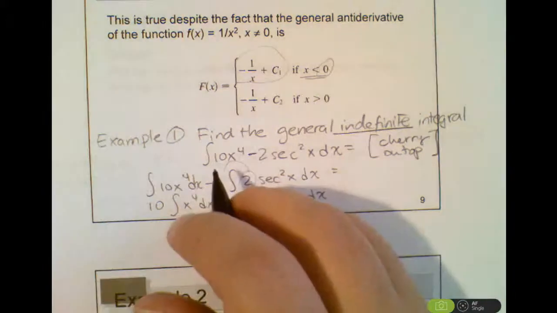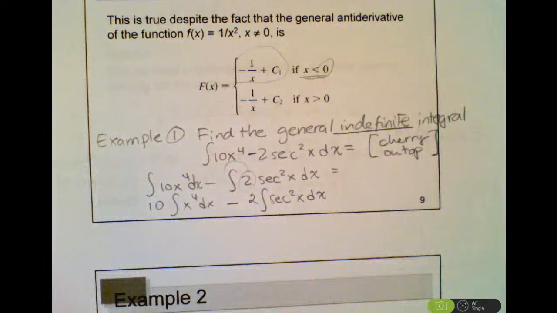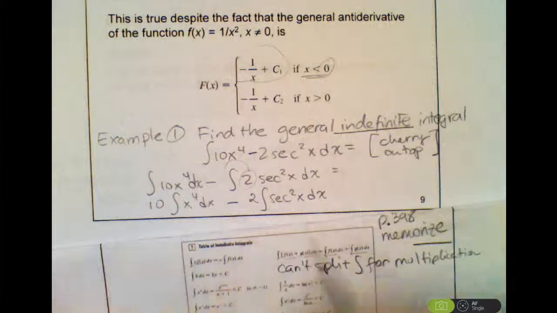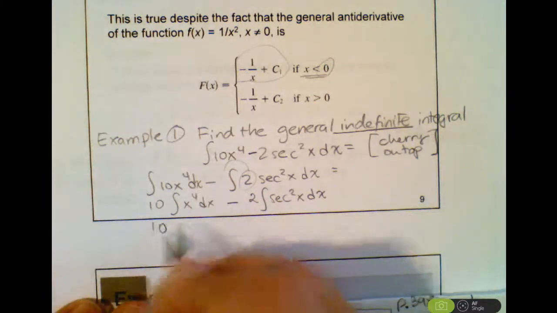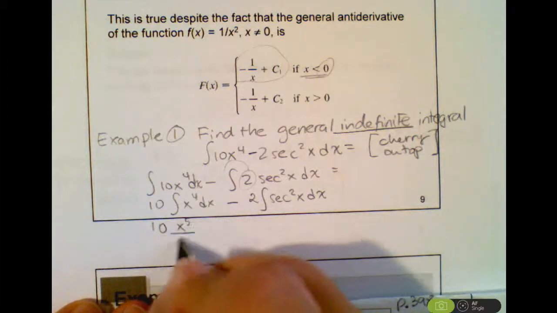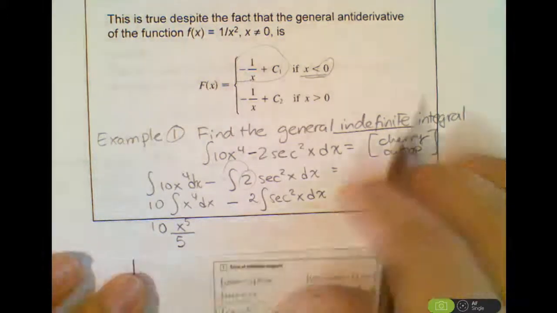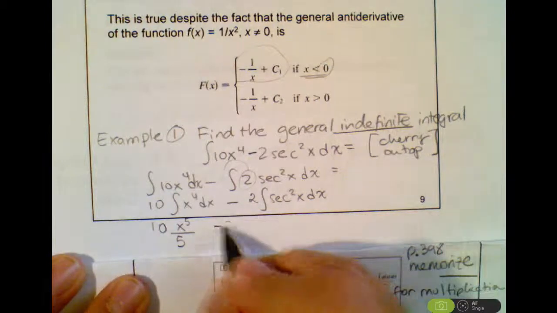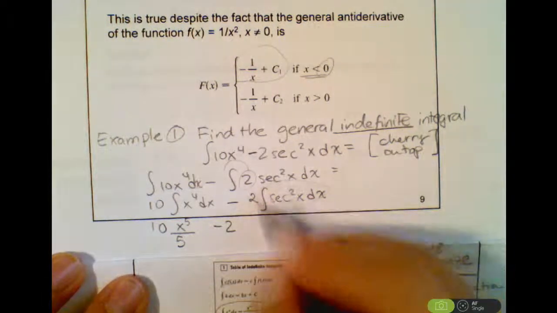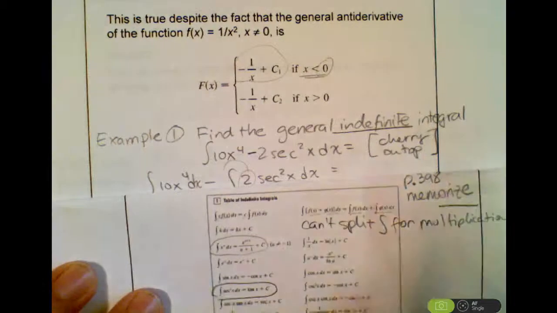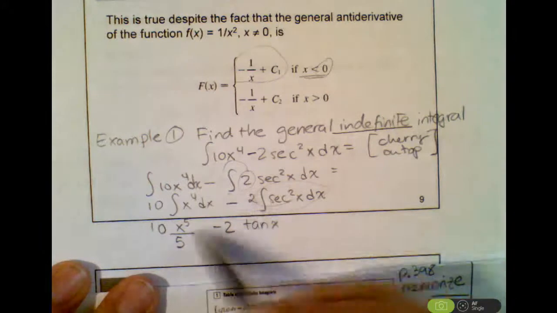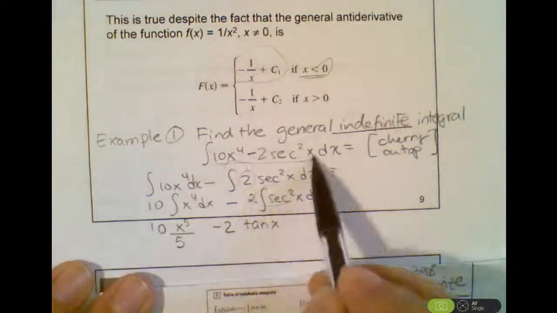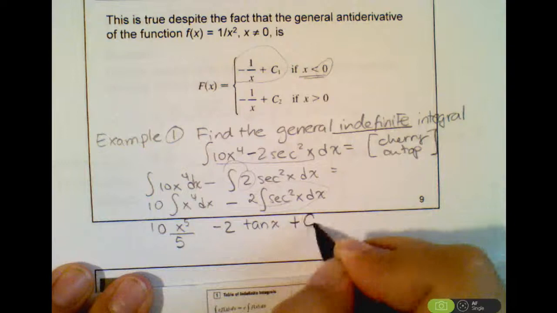Now I'm going to look at my formula paper and find what these functions are. So this is a power of x, so I'm going to apply this. So this will be 10 x to the 5th over 5. And then I have minus 2, and then this one is right here, so I know it's going to be tangent of x. Since this came from the integral of one single function, I only need to write the constant once.